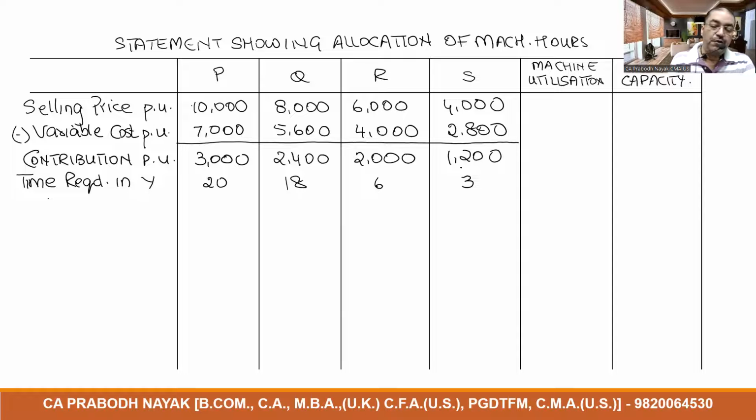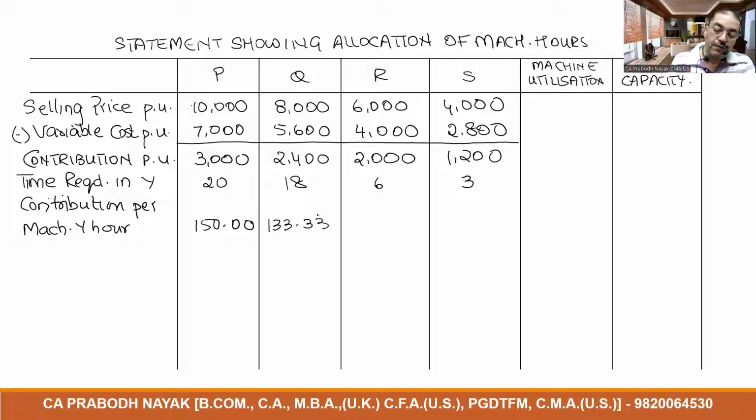So I'll do contribution per machine Y hour. 3,000 divided by 20, it will be 150. 2,400 divided by 18, 133.33. 2,000 divided by 6, 333.33. 1,200 divided by 3, 400.